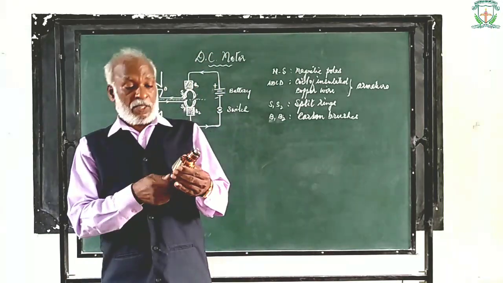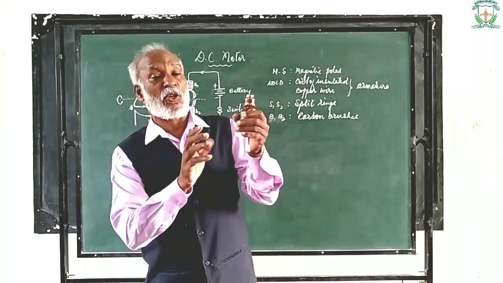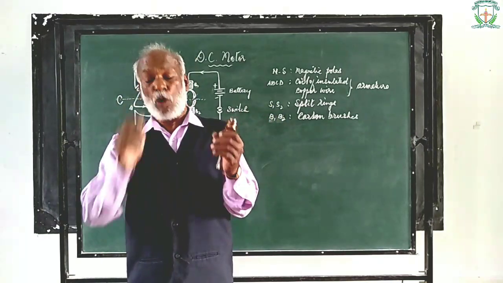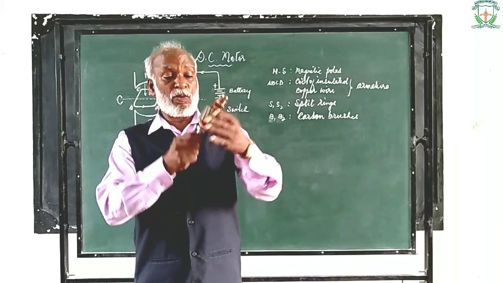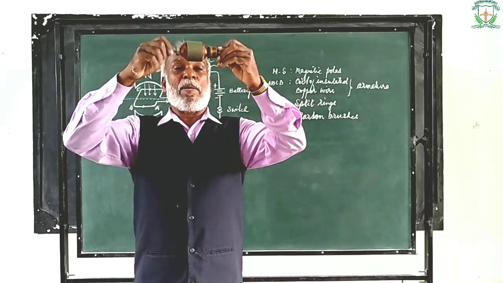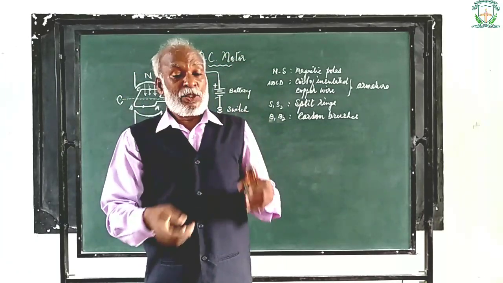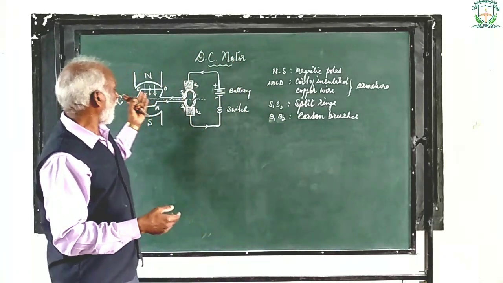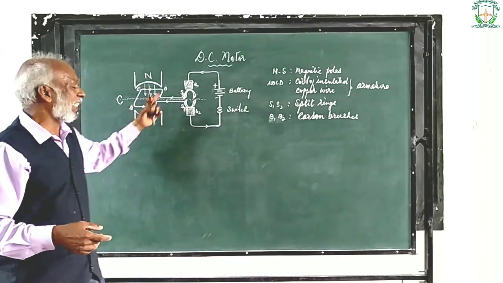Children, now I am going to display the parts of a commercial DC motor. Now see here, this is the armature of a motor. See, in the theoretical part you saw only one coil, A, B, C, D, one coil.